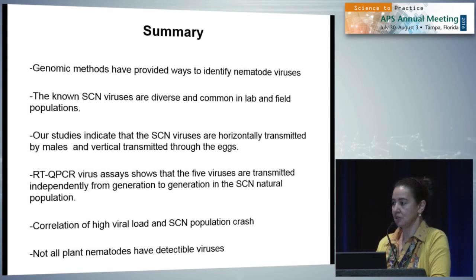I saw a poster yesterday reporting that the viruses we discovered have been found in some North Carolina populations, and not only in soybean cyst nematode, but also in beet and clover cyst nematodes.